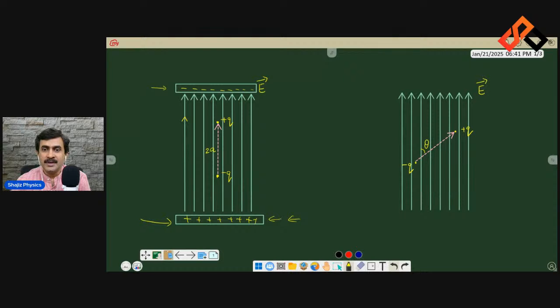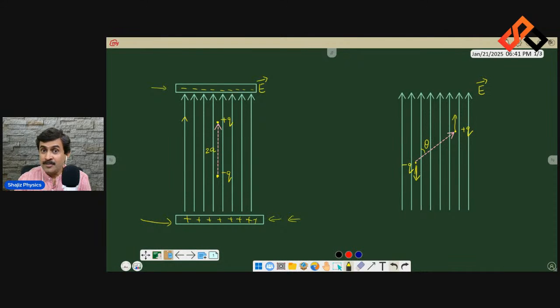We can consider two possibilities simultaneously. The tendency of plus Q will be to move towards the negative plate. At the same time, the negative charge will try to move towards the positive plate. That will be the natural tendency.